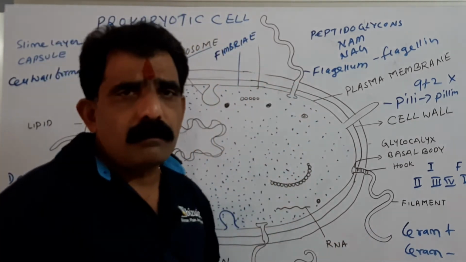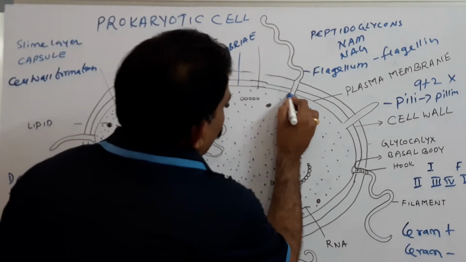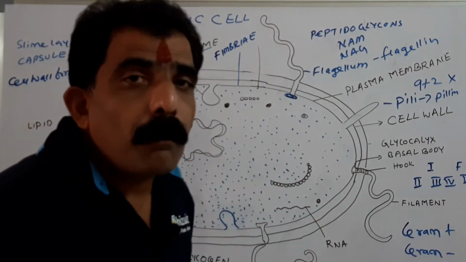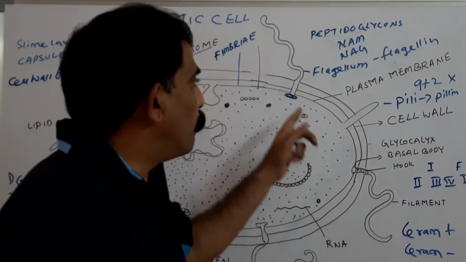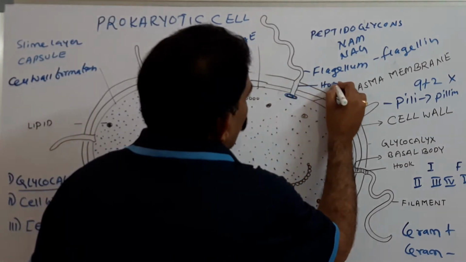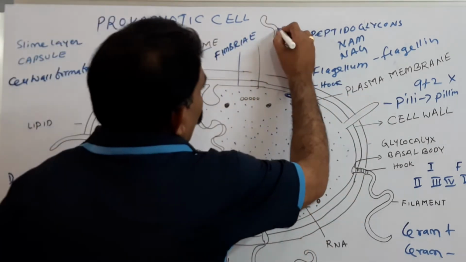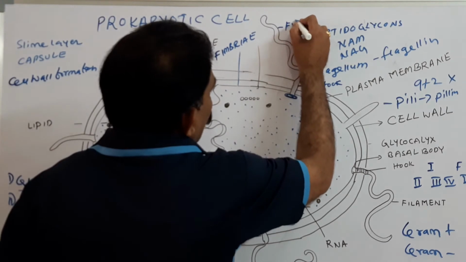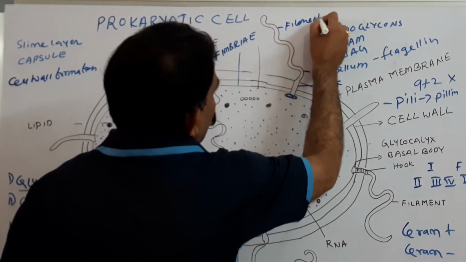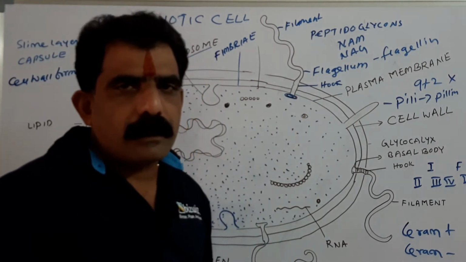Coming to the flagellum, it consists of 3 parts. This is called the basal granule or blepharoplast, that is the base. This is called the hook. And whatever comes out is called the filament. So filament, hook, and a basal plate-like structure are present.